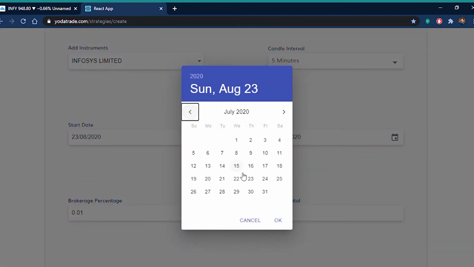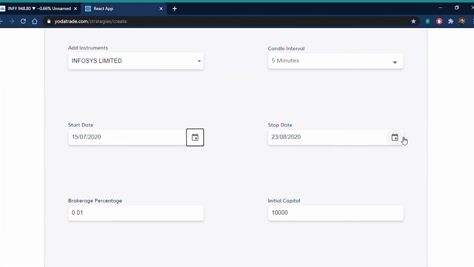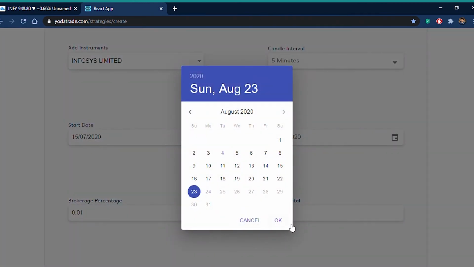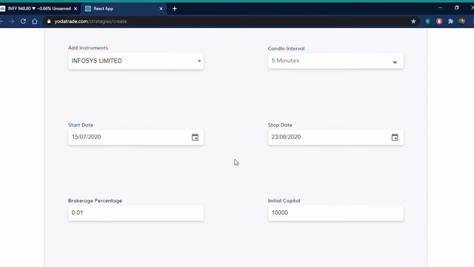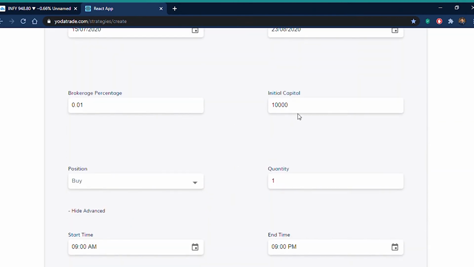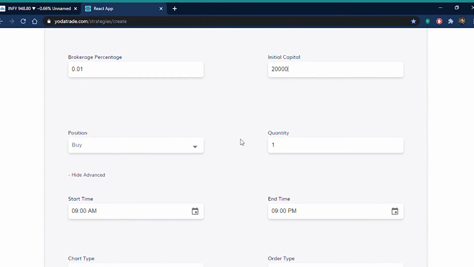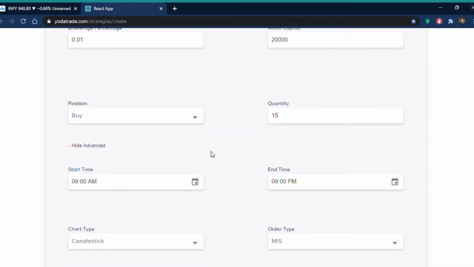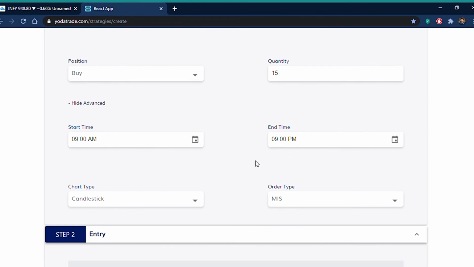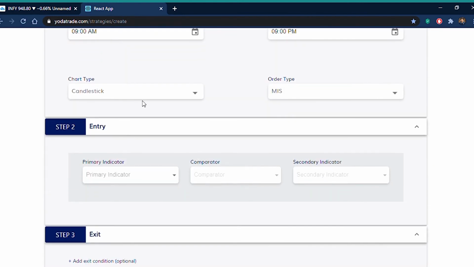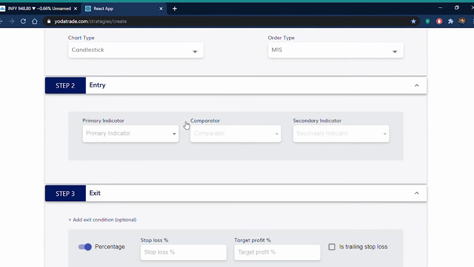Let the start date be 15th July, and let the stop date be the present date itself. Let's say the initial capital is 20,000, and the quantity is 15, and let the start time and end time be default. Candlestick, MIS, and then entry.